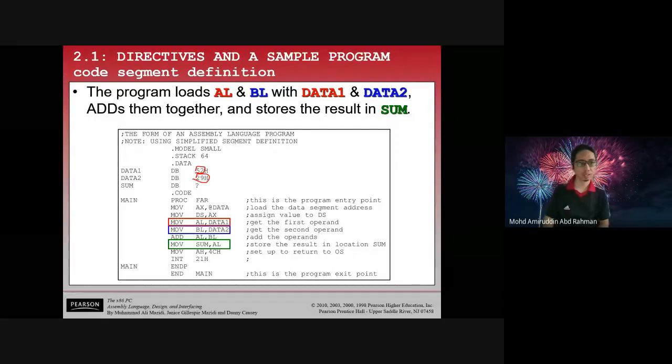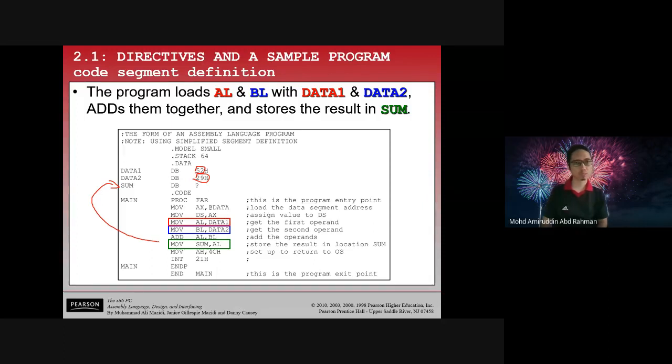Then we want to move this value. So now we move this value into sum, because we already assigned the storage to the sum. We store the result in the sum, and after that we put the data of policy into AH.